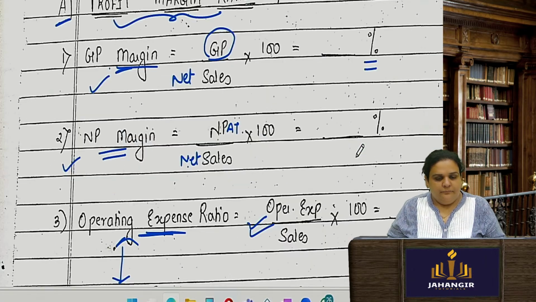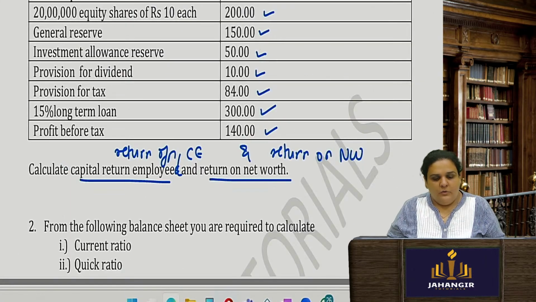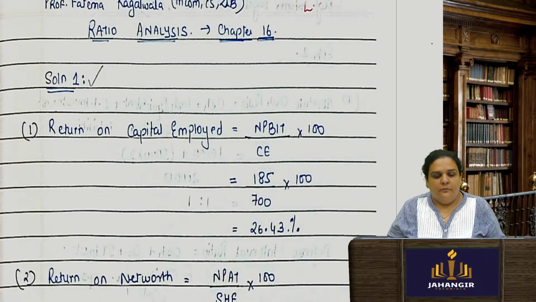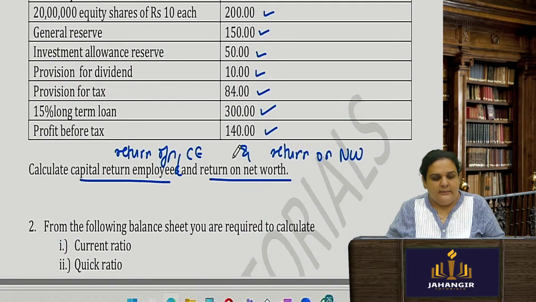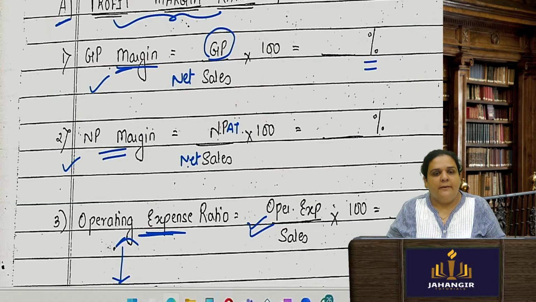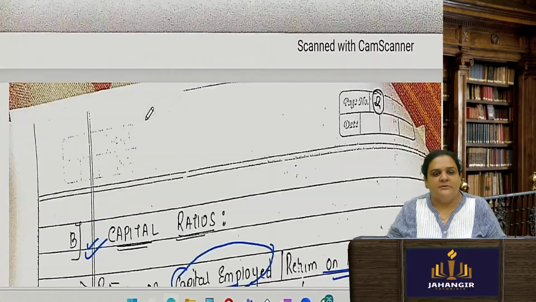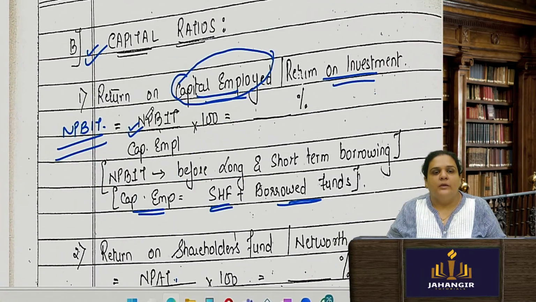Okay, fine. So now return on capital employed. I have given you all this formula. See here, return on capital employed, capital ratio, NPBIT upon capital employed into 100.